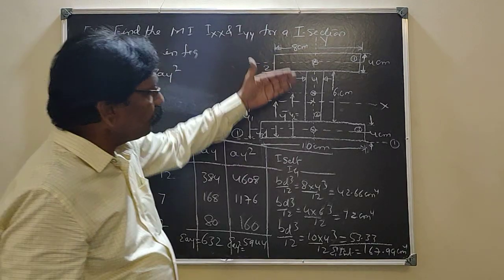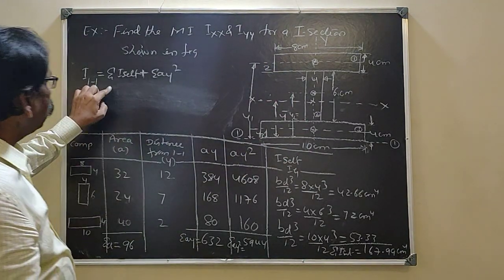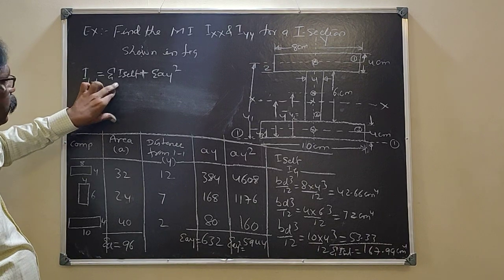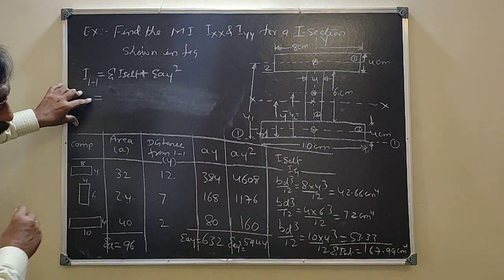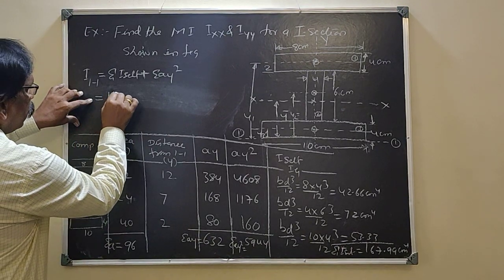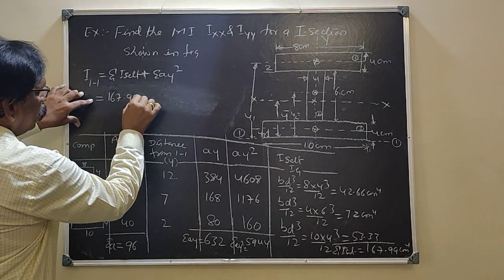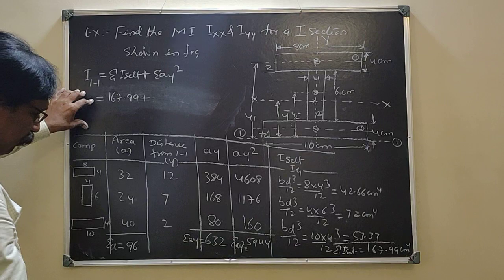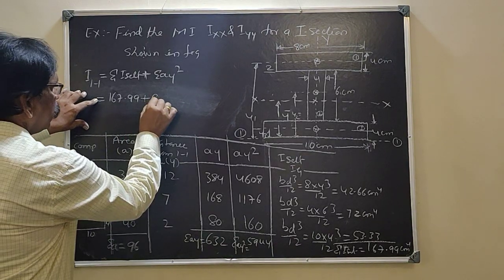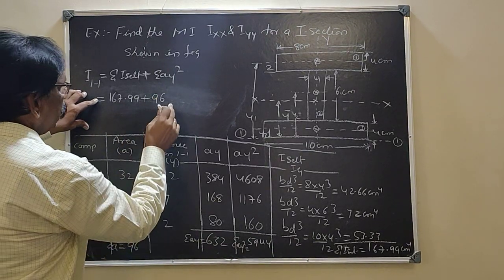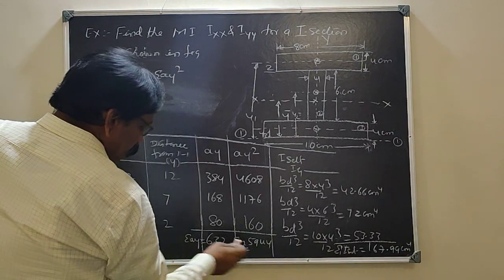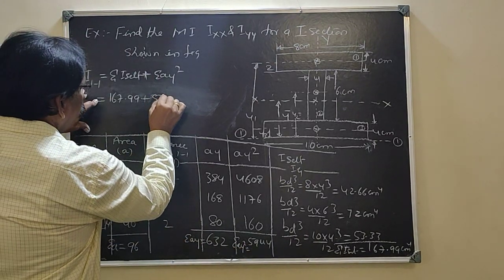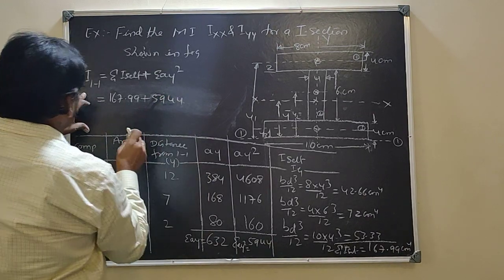There are a number of units combined together, so it is the algebraic sum. So this will be equal to I self 167.99 plus sigma ay square 5944.